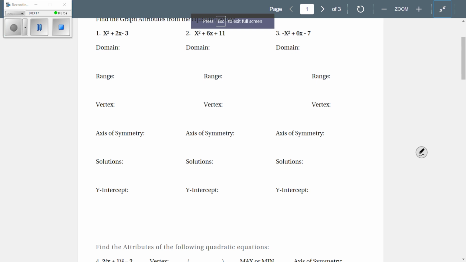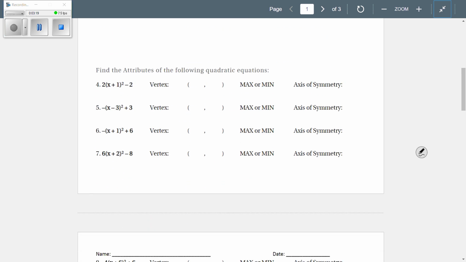All right, let me review a little bit more. Find the attributes of the following quadratic equations. So we have 2x plus 1 squared minus 2. The vertex, we know if A is on the outside, if A is positive, the parabola faces up, and the vertex is a minimum. All right, if it faces down, I can't draw today. If it faces down, that means it's negative, and it's a maximum.